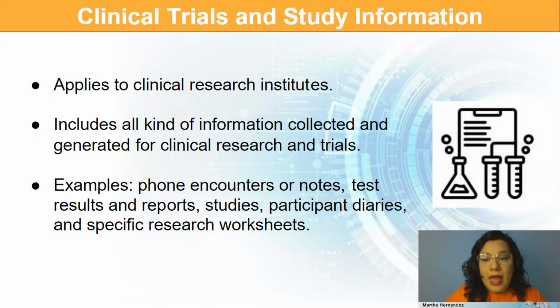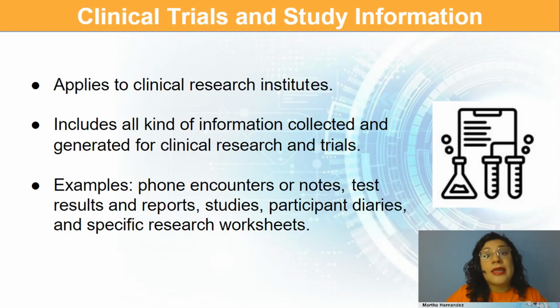This refers to all kinds of information that is collected and generated in the process. For example, the participant medical records, phone encounters or notes. It could be also the test results or reports, studies, participant diaries, and specific research worksheets.